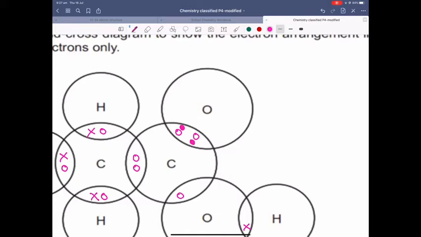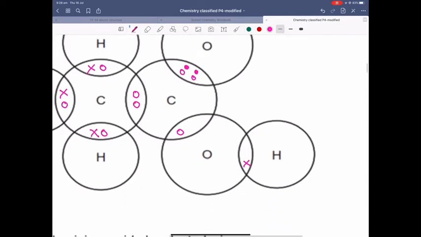Now it doesn't matter how you draw those electrons in here. So for example, you could draw them like this, next to each other, and so on and so forth, as long as you draw them in that shared region. So two from the oxygen and two from the carbon.